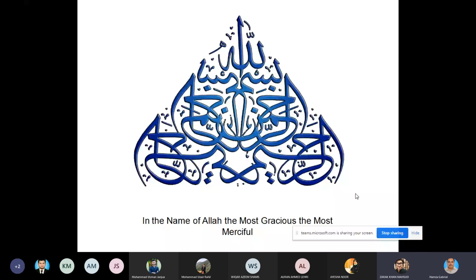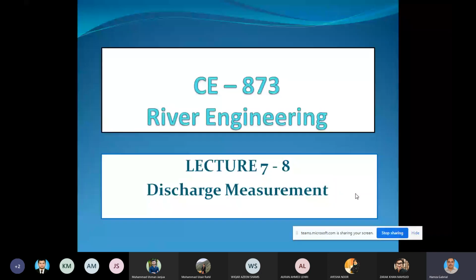So today we will start a new topic, that is regarding the discharge measurement. This is also linked with the topic of river survey, as we have discussed that during a river survey, different types of data are collected.